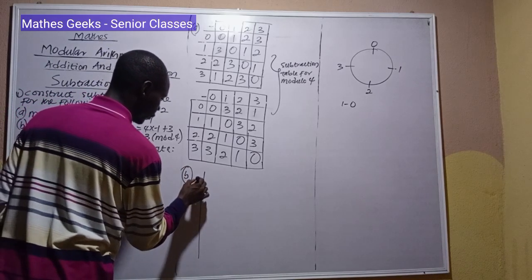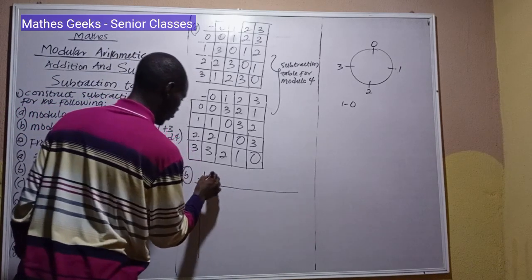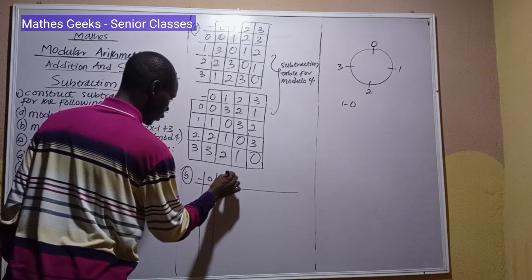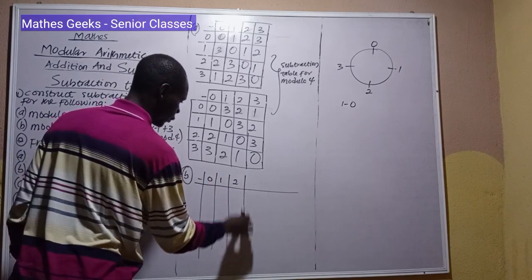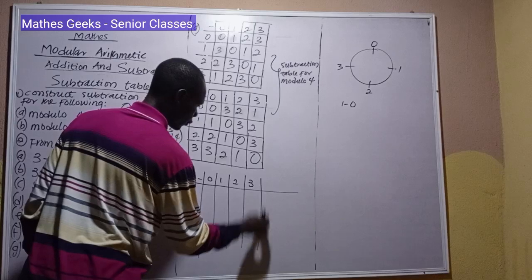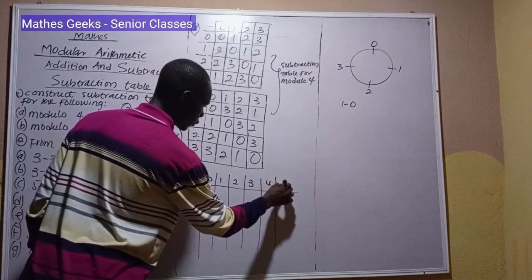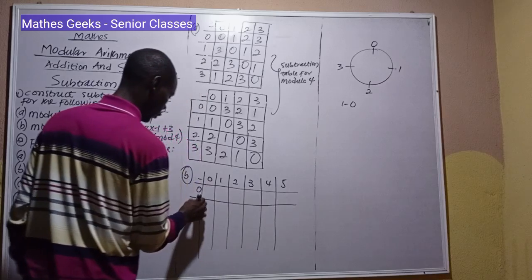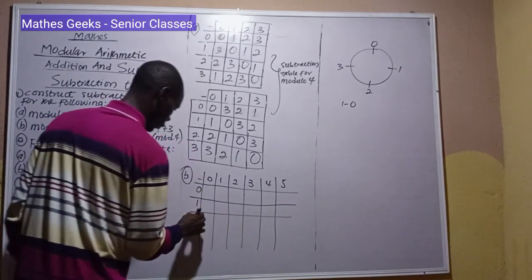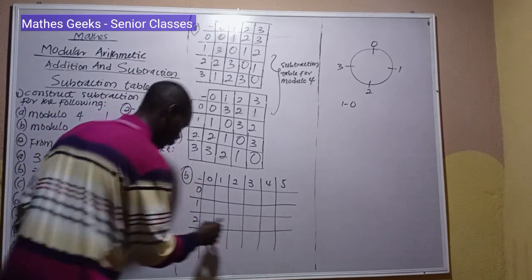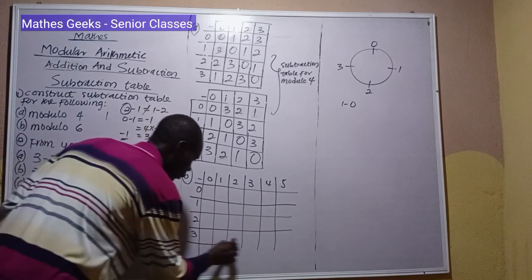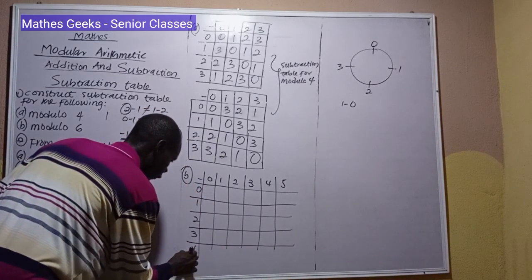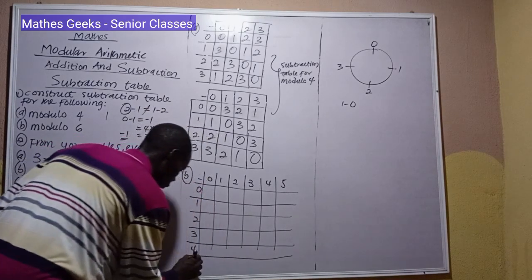Minus 0, 1, 2, 3, 4, 5, 0, 1, 2, 3, 4, 5.